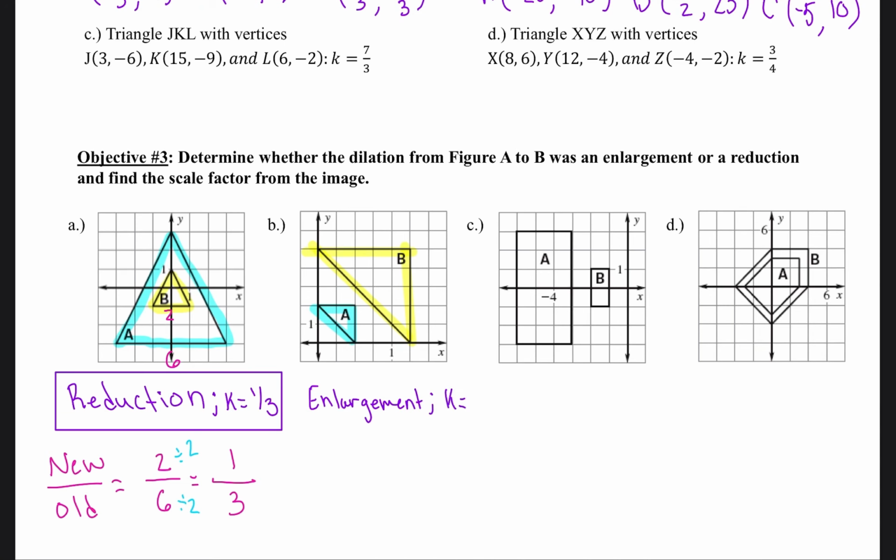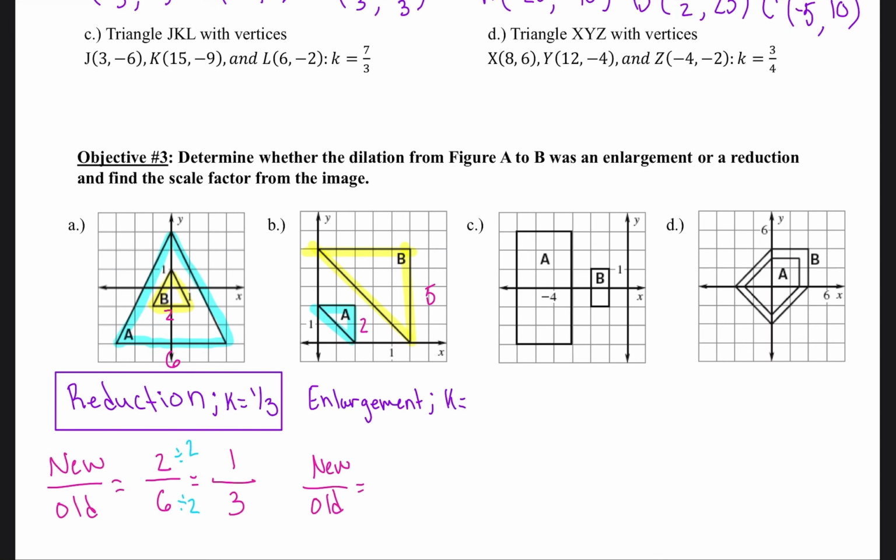But we still need to figure out what K is. We know K needs to be something bigger than 1. Use that same formula. New over old. And we need to find a side that we can count. I think the easiest one here would be the one going up and down. So we've got A is 1, 2 units up. B is 1, 2, 3, 4, 5 units up.